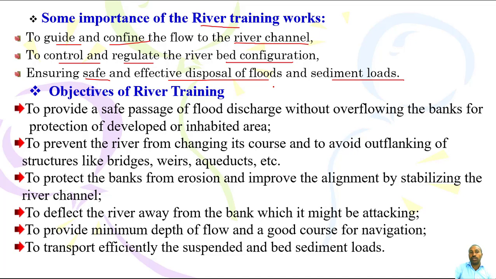Having this in mind, what are the main objectives of river training? The first one is to provide safe passage of flood discharge without overflowing the banks, for protection of developed or inhabited areas; to prevent the river from changing its course; to avoid outflanking of structures like bridges, weirs, aqueducts, etc.; to protect the banks from erosion and improve the alignment by stabilizing the river channel; to deflect the river away from banks which might be attacked; and to provide minimum depths of flow and a good course for navigation.